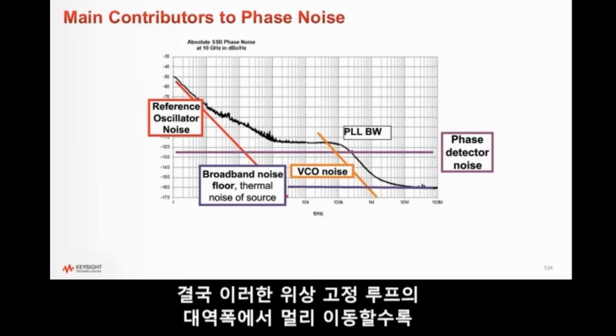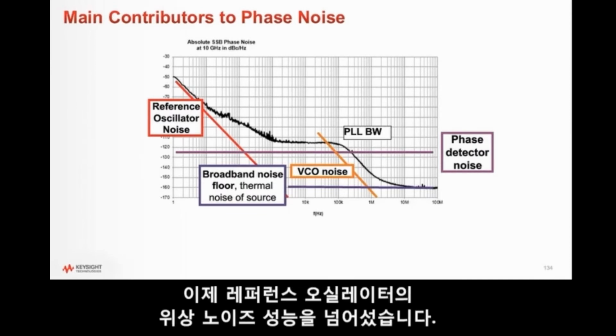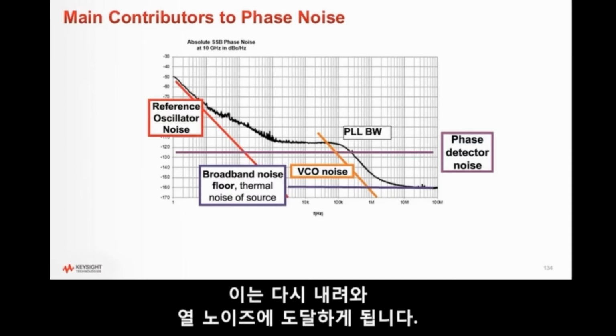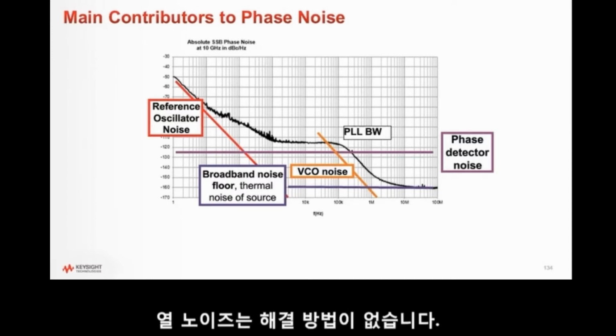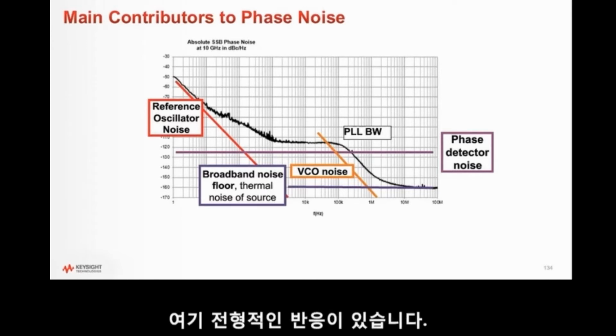Eventually, as you move farther out in bandwidth of that phase lock loop, you get this plateau that evens out until you hit the performance of just your VCO. Now you're outside the phase noise performance of your reference oscillator. That goes down again, and then you hit the thermal noise. You can't really get around thermal noise. It's always there. It's a property of physics. And this is the classic response.